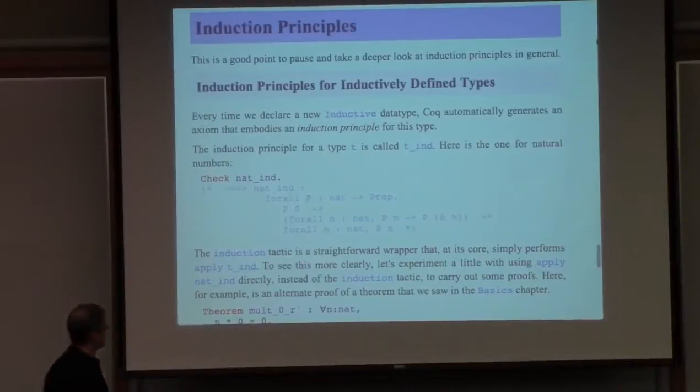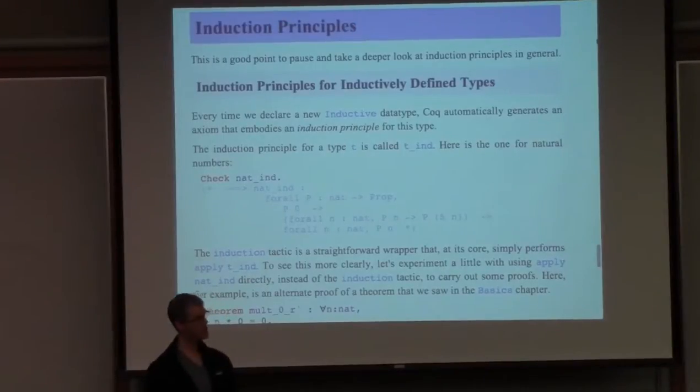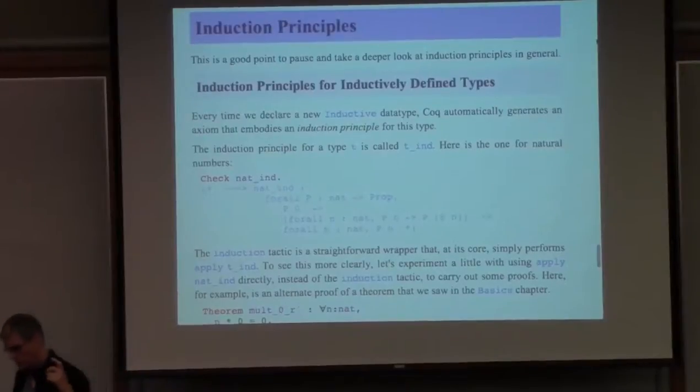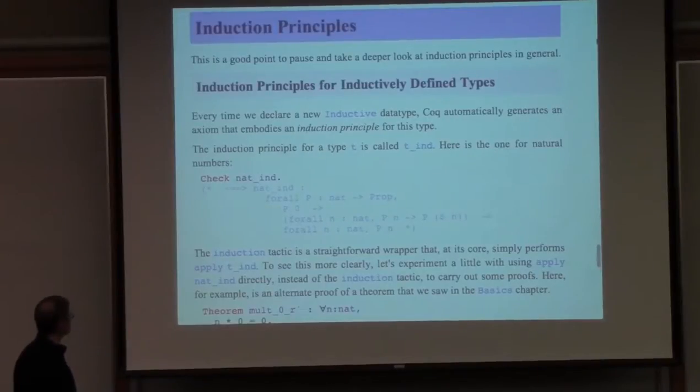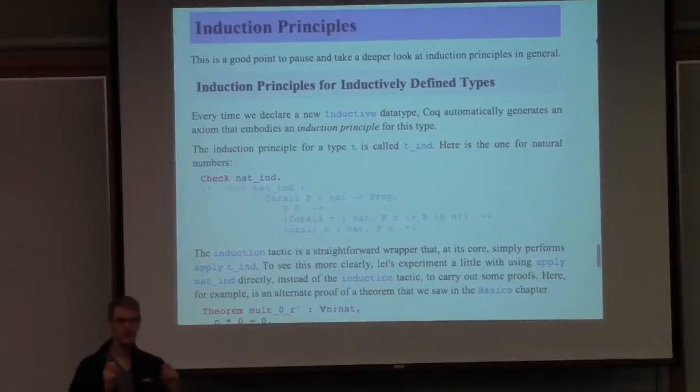And the way Coq works is that when you give an inductive definition, it will automatically generate this induction principle and a couple of other closely related ones. So effectively, this induction principle is an axiom that is generated by the inductive definition.